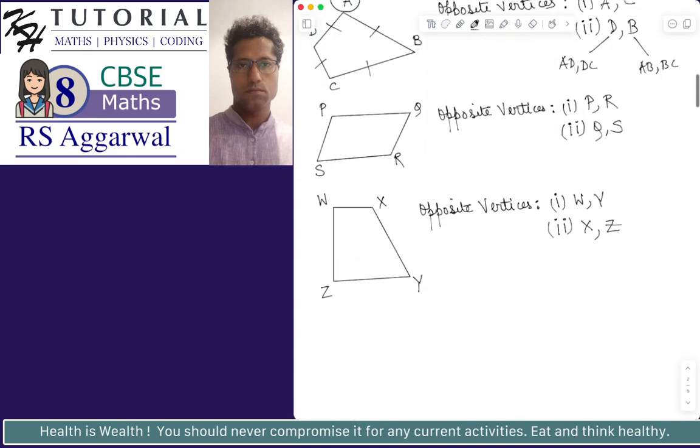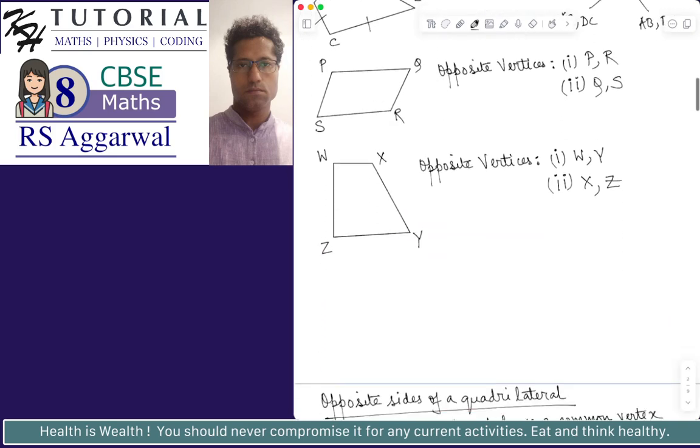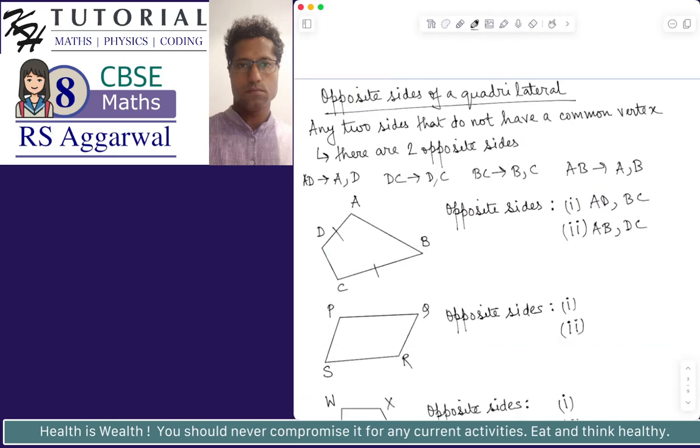Similarly, you should consider a pair of opposite vertices. For the first quadrilateral ABCD, A and C is a pair of opposite vertices, and D and B is another pair of opposite vertices. Okay. I hope it is clear what do we mean by a pair of opposite sides of a quadrilateral.